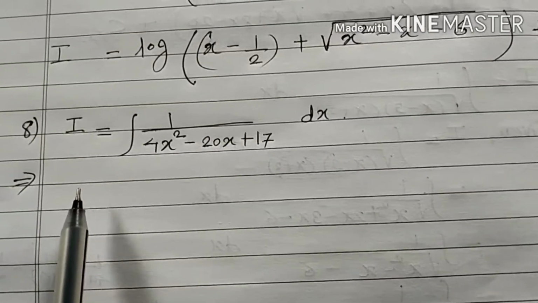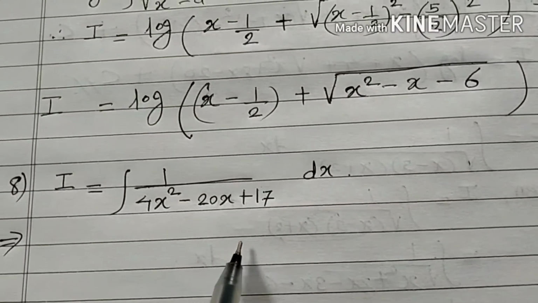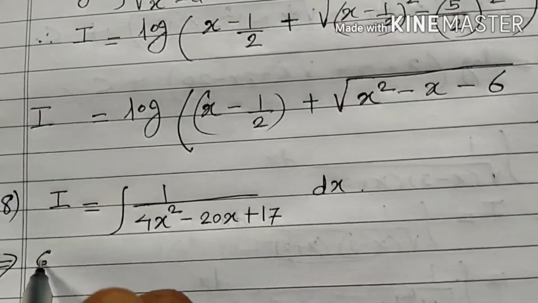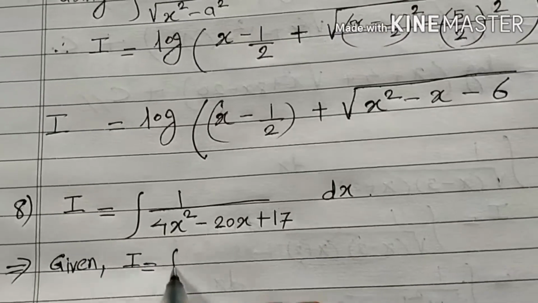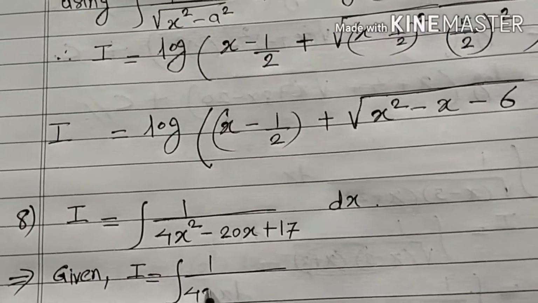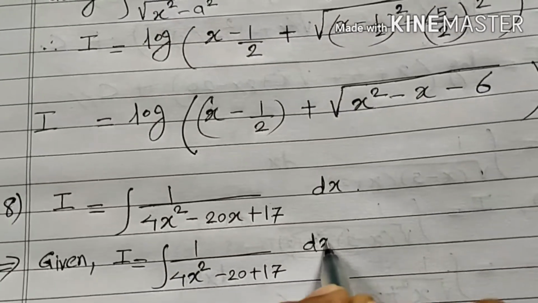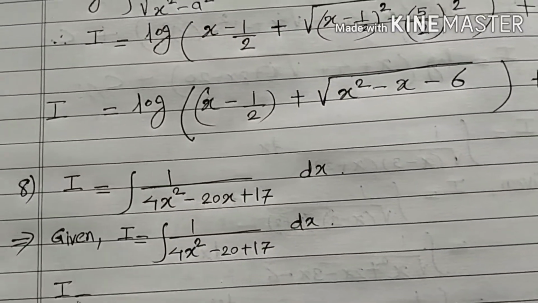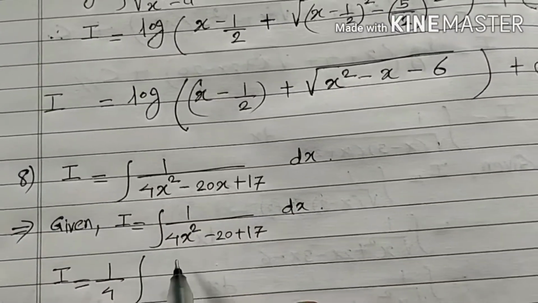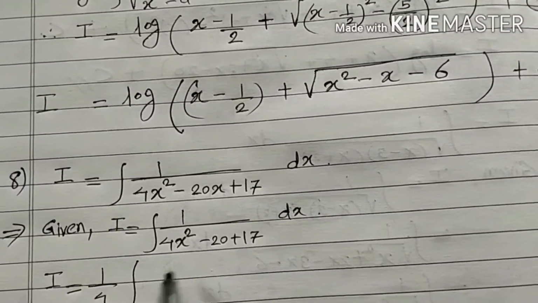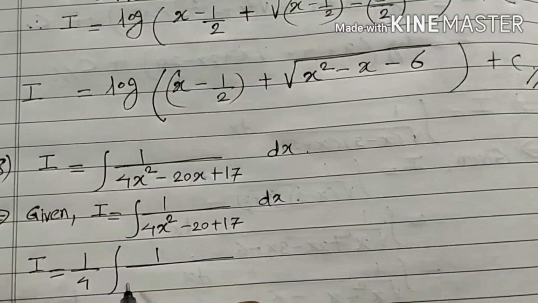Now our next example is I is equal to integration of 1 upon 4x square minus 20x plus 17 dx. Right, here is the given. Take 4 common. So, students, remember, when we take 4 common, or when we take anything common, then it divides the function.